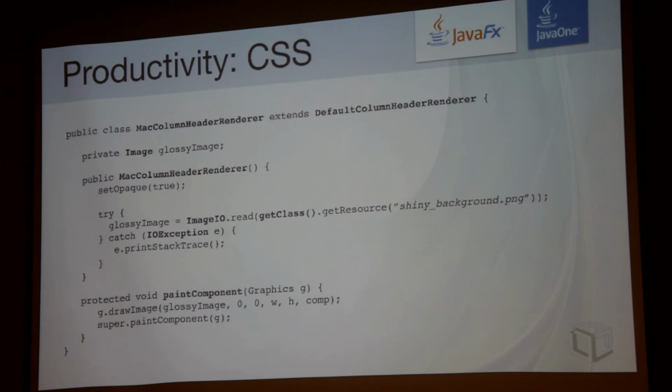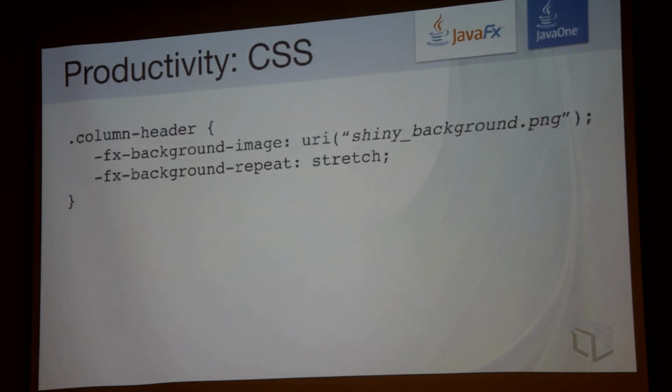So we would need to write all of that in Swing. And in JavaFX, we just do this. We have a style called .columnHeader, and we set a background image, and we tell the image to stretch itself. And that's it. So really nice.